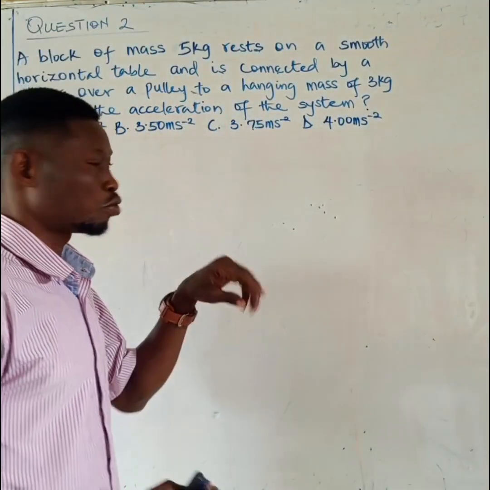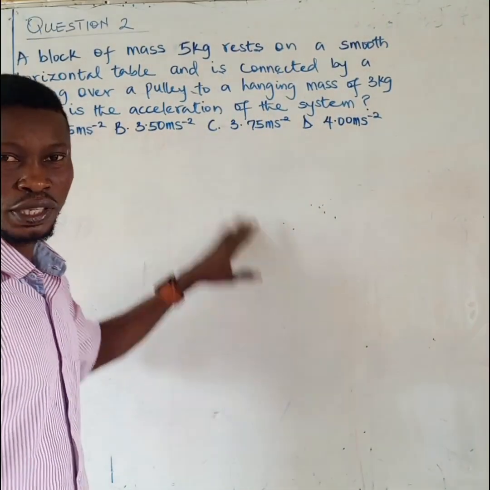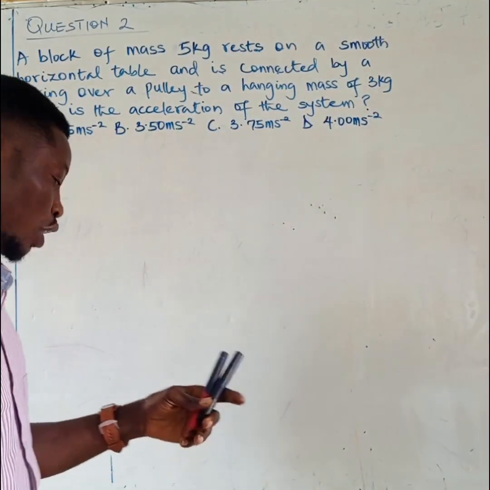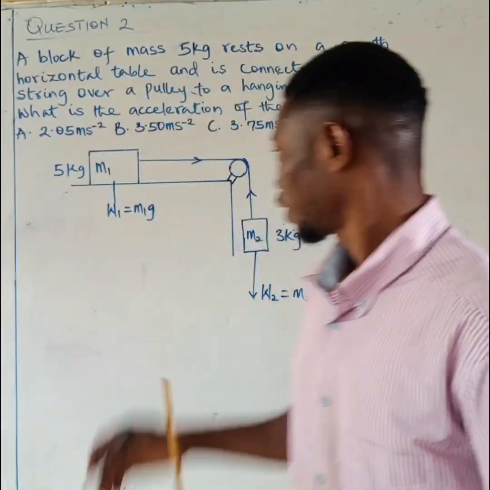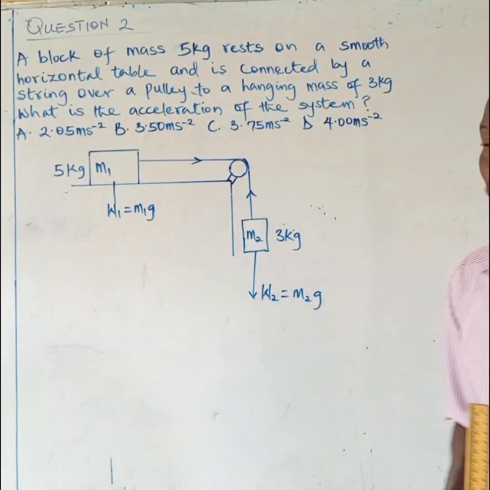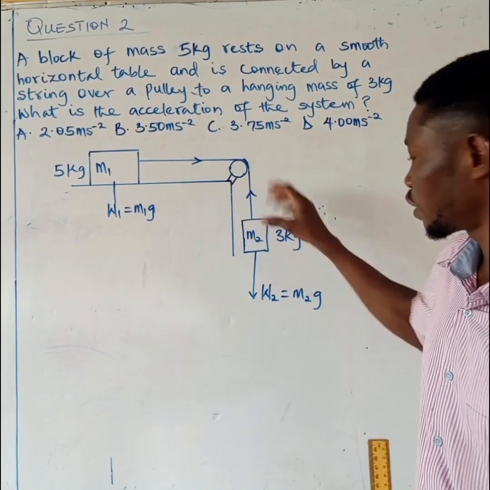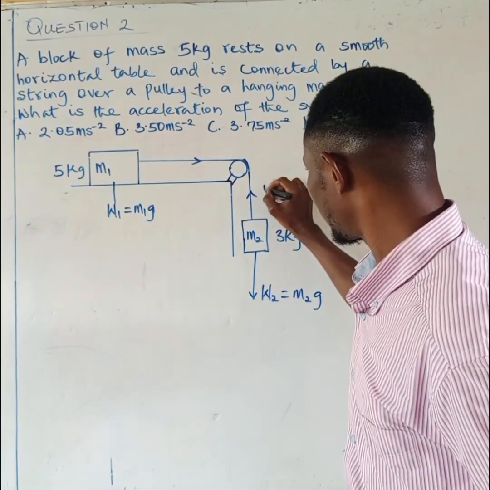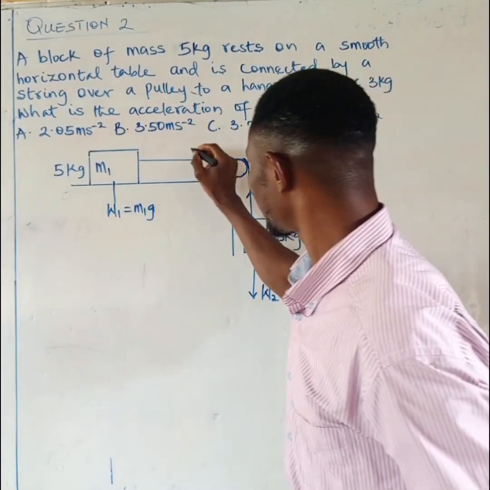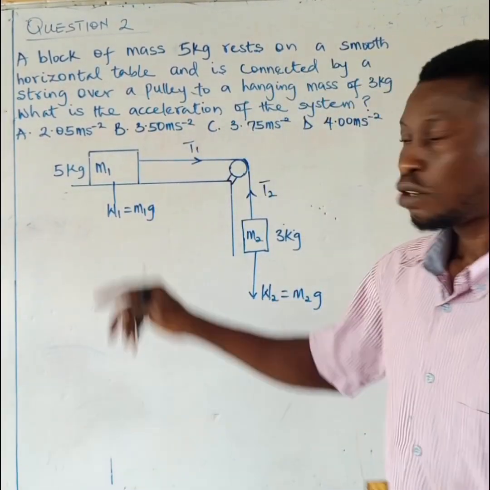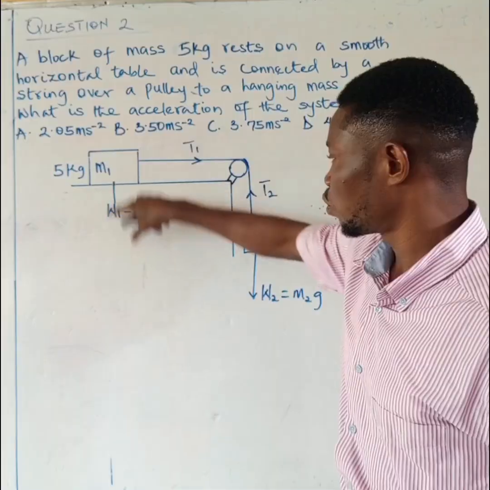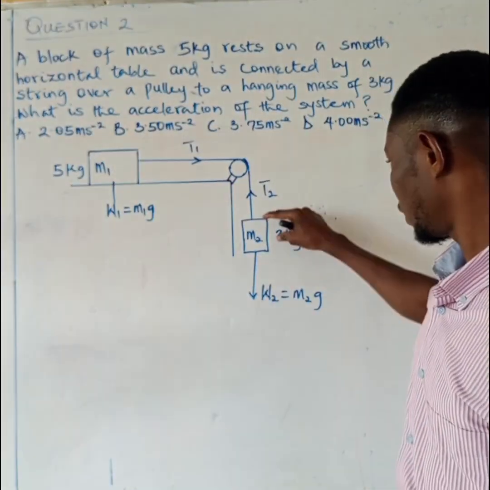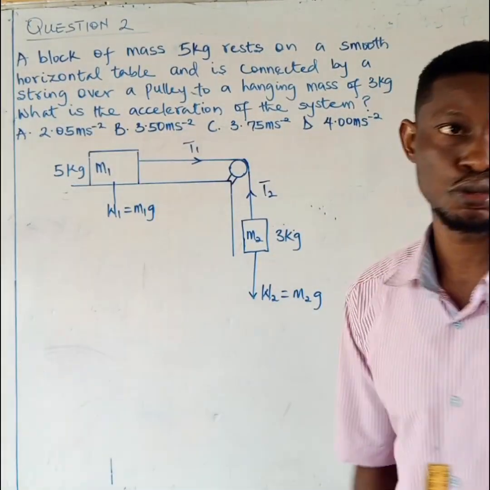As usual, we would need to put up a diagram real quick. Following the diagram here, we can see the forces acting on these two objects. Here we have a tension T2, here we have a tension T1. We have the weight W1 of M1 and the weight W2 of M2.